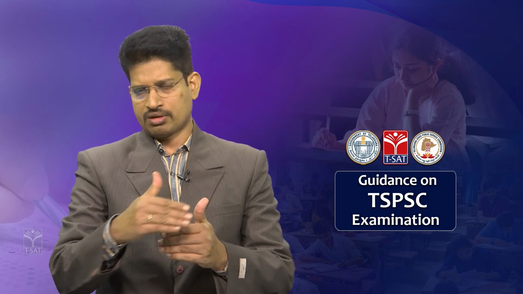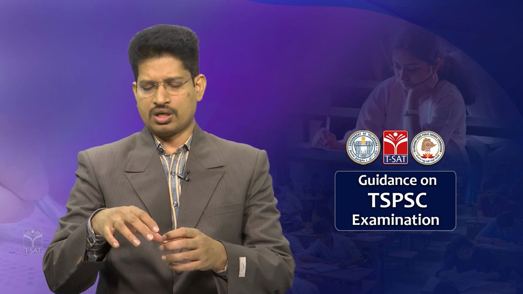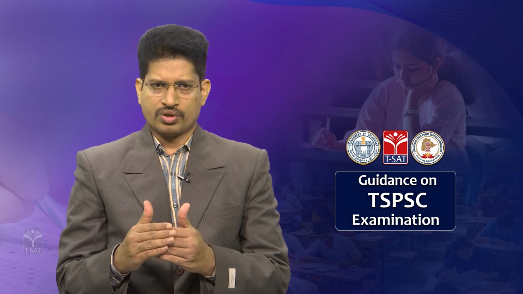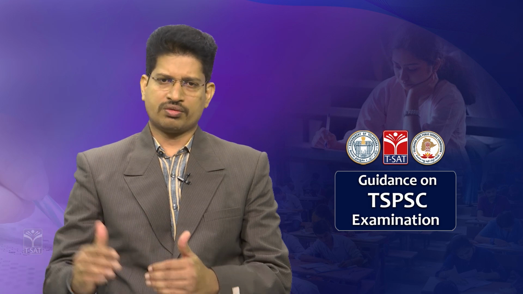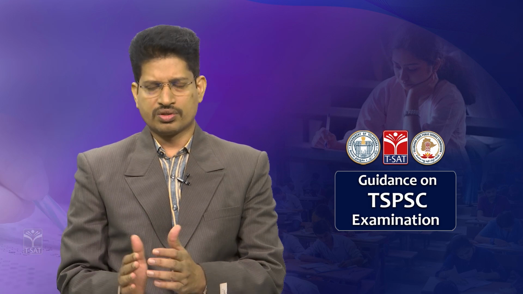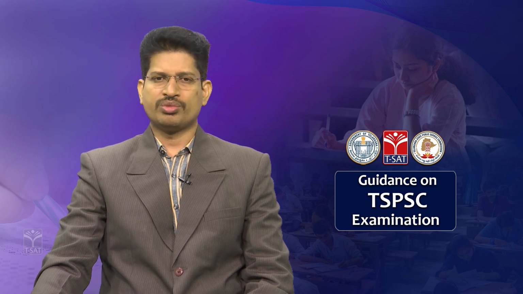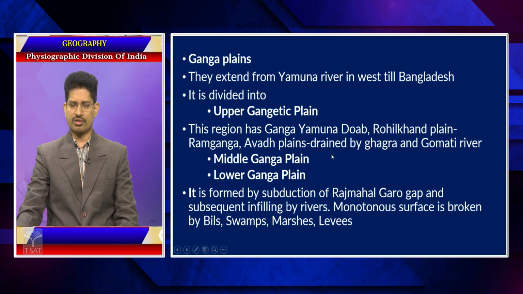The Ganga river system has deposited alluvium to the east of the region and to the northeast of this peninsular plateau region, with deposition being made by these river systems dividing these two regions. It is formed by subduction of the Rajmahal-Garo gap in the Meghalaya region.